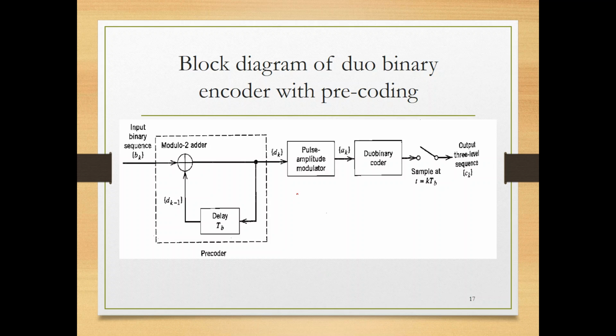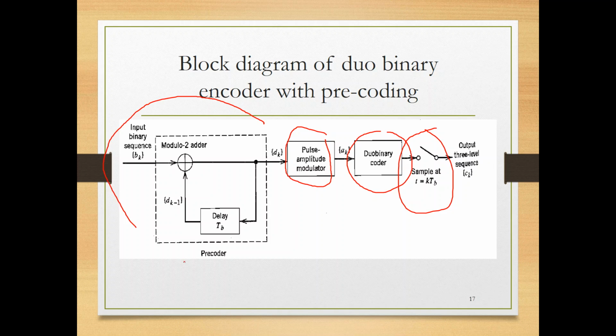And what's the new structure of the duobinary signaling? It's given in this slide. As you can see, this is the same pulse amplitude modulator, the duobinary coder is the same, the sampler is the same, and the output, but the only difference is here at the input. The XOR operation is represented by this section.